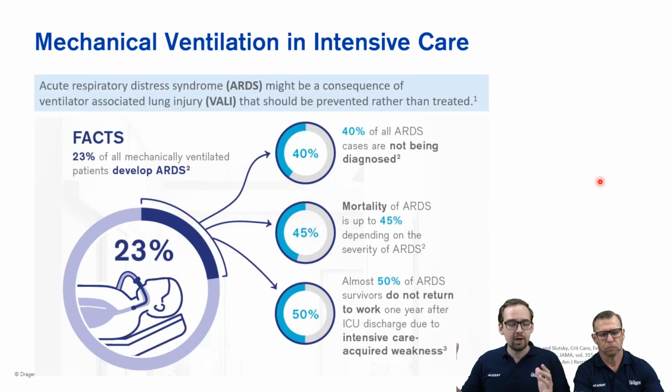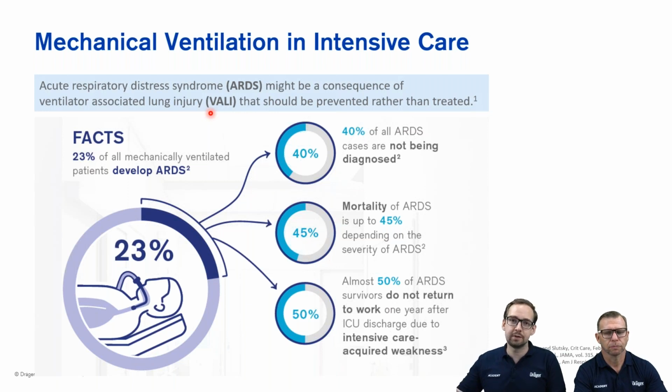So talking about mechanical ventilation in the intensive care environment, of course, we are looking at the acute respiratory distress syndrome, which might be a consequence of ventilator-associated lung injury. So really, this is affecting 23% of all mechanically ventilated patients, which are developing ARDS.